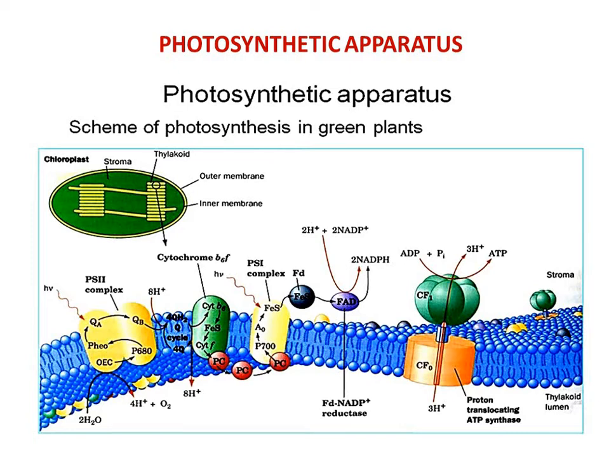After the absorption of the light energy by the photosynthetic pigments, excitation of the chlorophyll molecules takes place. The chlorophyll molecule moves from the ground state to the excited state, and again comes back to the ground state.